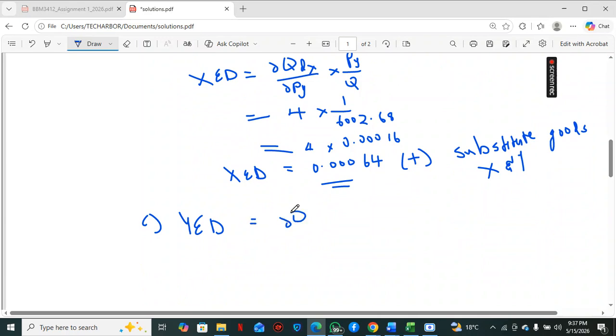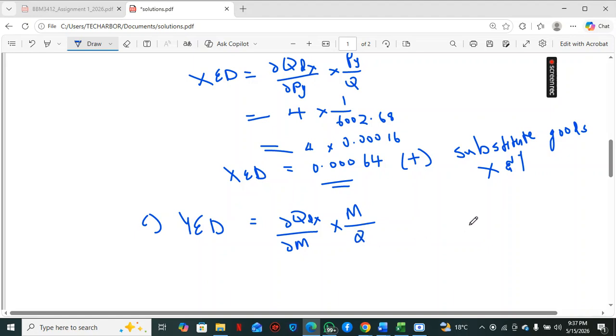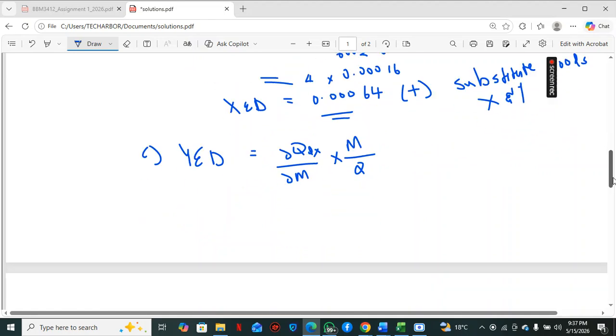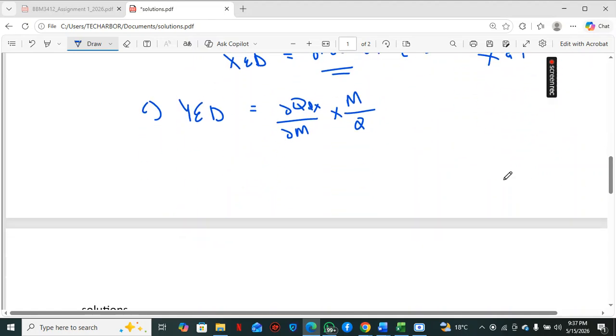You're going to derive the demand function with respect to income, multiplied by income over the quantity demanded. So first things first, let us derive our demand function with respect to income.